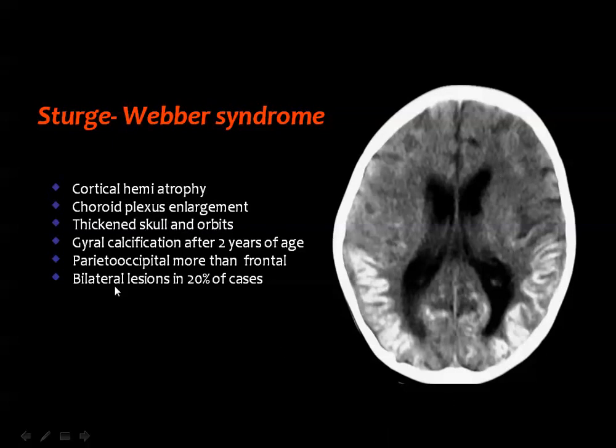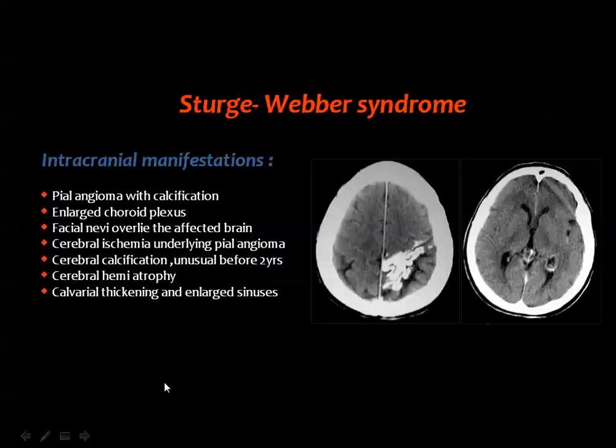And bilateral lesions are seen in 20% of the cases. The common location is the parieto-occipital more than frontal. Gyral calcification is usually seen after the age of 2 years. And you should know that one of the manifestations of this disease is hemiatrophy of the affected cerebral hemisphere and enlargement of the choroid plexus ipsilateral to the lesion.